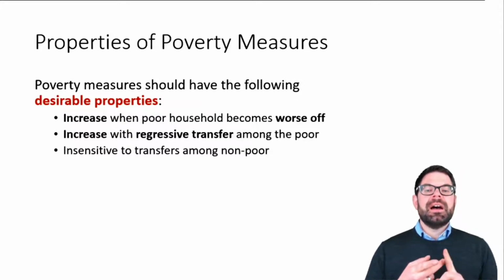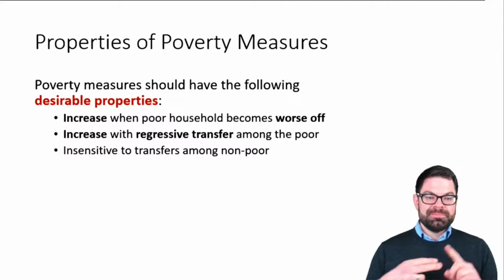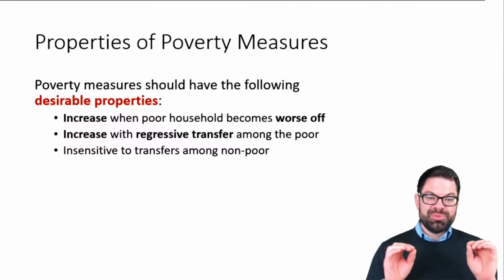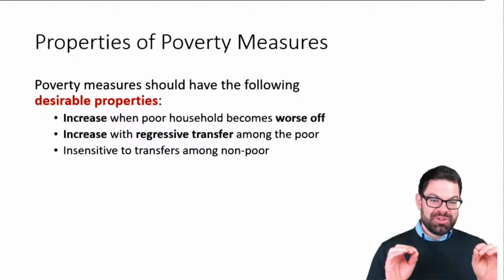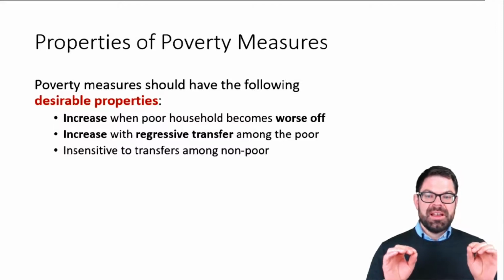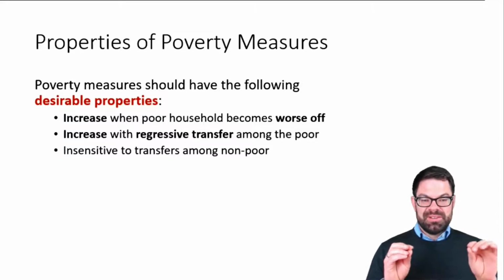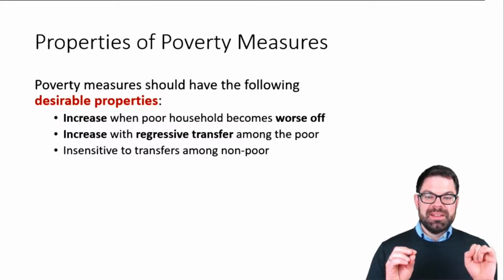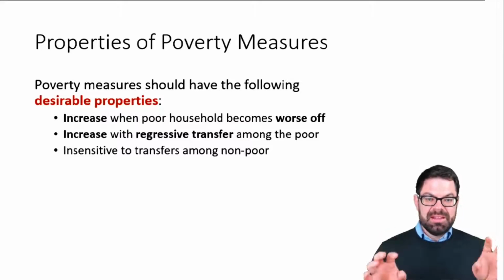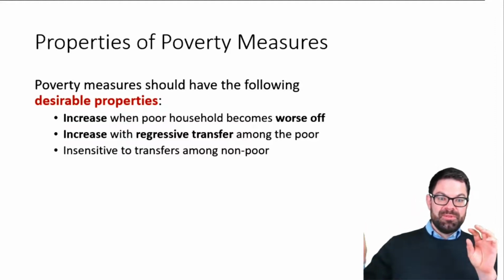Then when you have a regressive transfer among the poor, apologies, regressive here means you take something away from the poorest and give it to the slightly less poor people, that index would also increase, okay? Because you make the poorest even worse off.